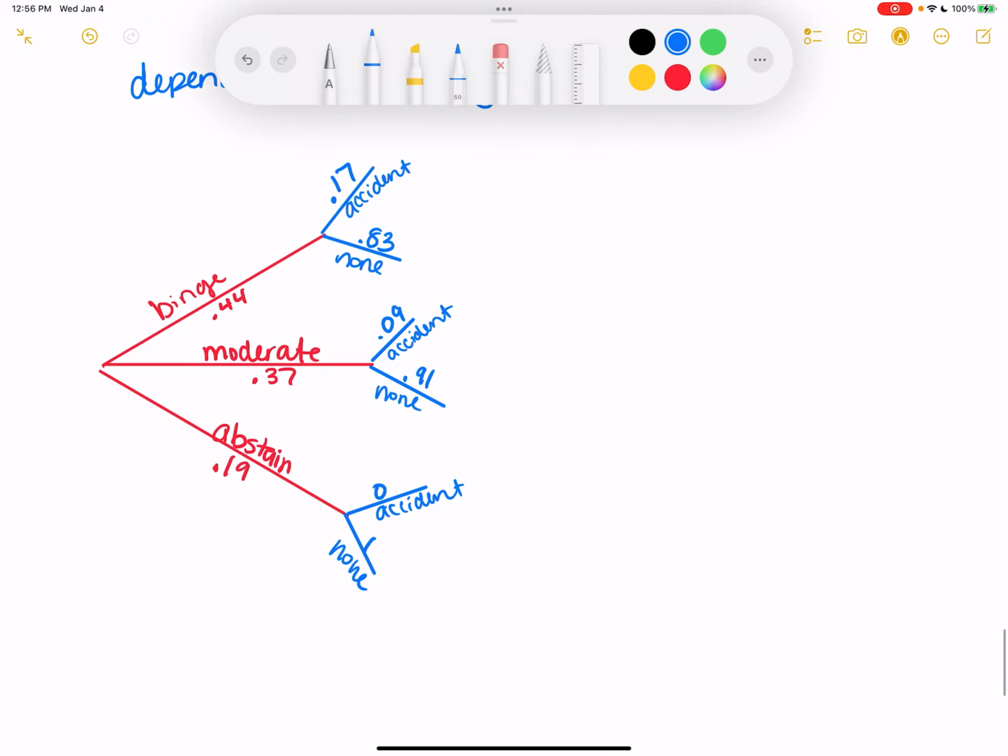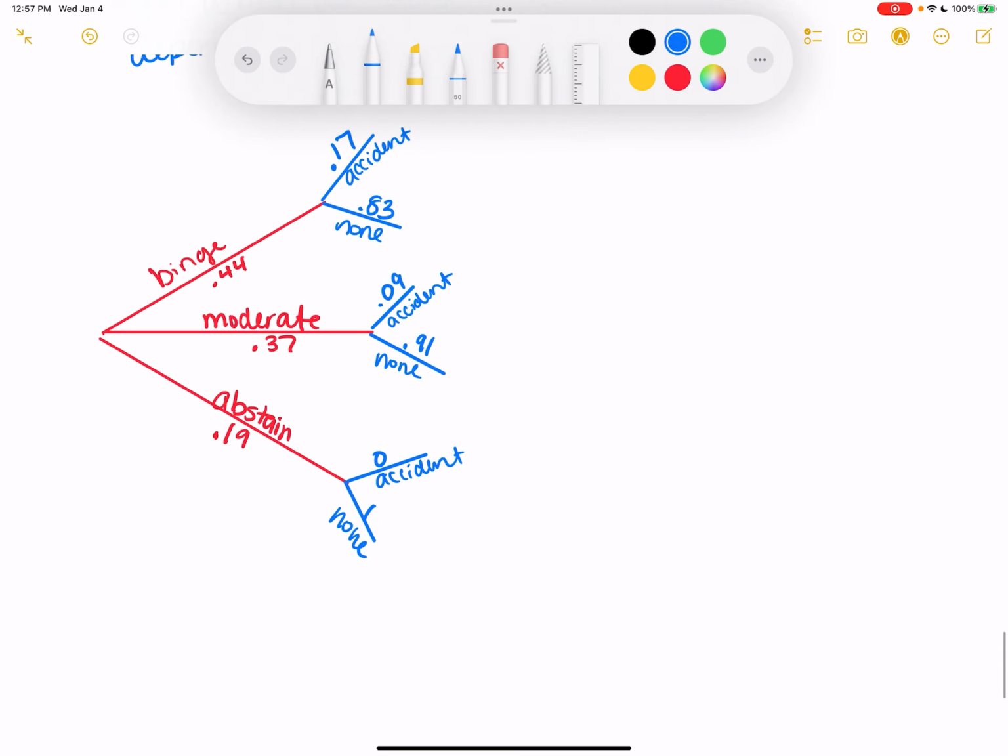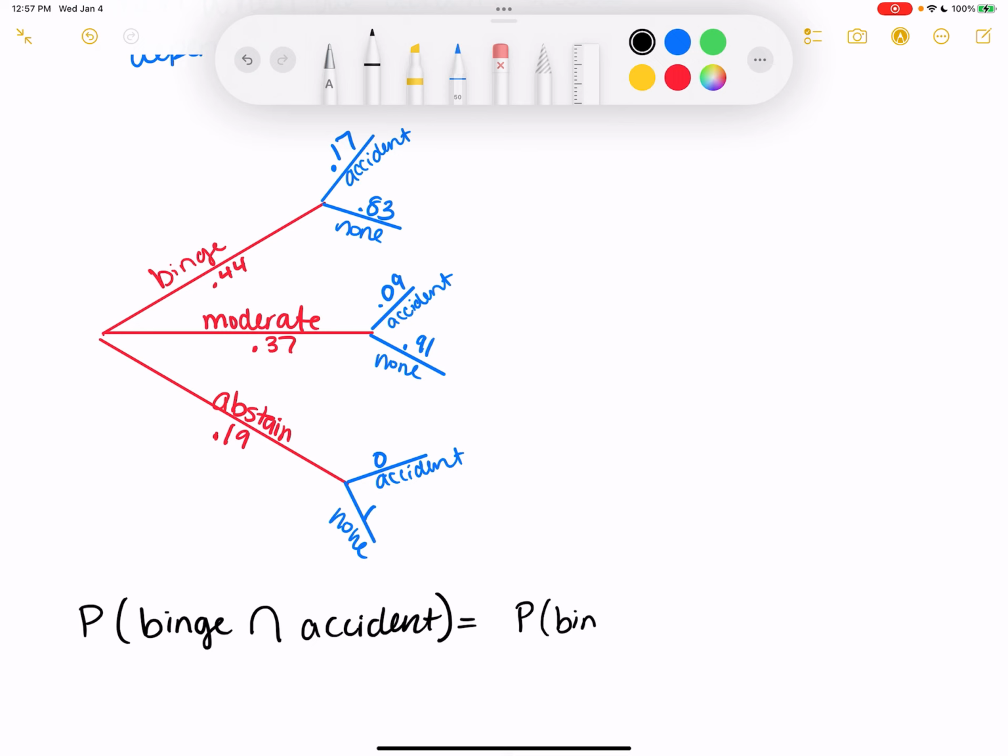Okay, we'll come back to that in just a second. So if we wanted to find the probability that they're a binge drinker intersected with that they were in an accident, we're using the formula, the probability that they're a binge drinker times the probability of an accident given that they're a binge drinker.